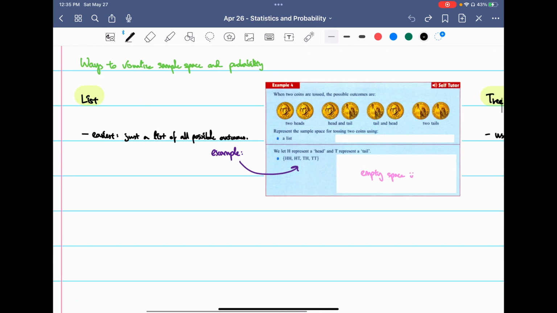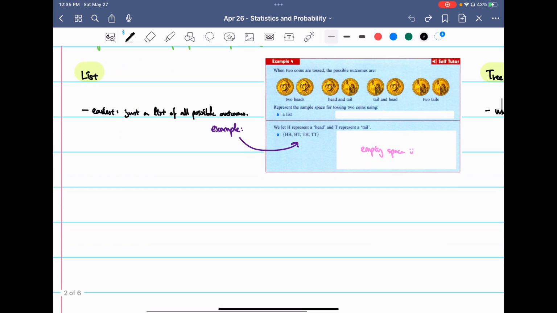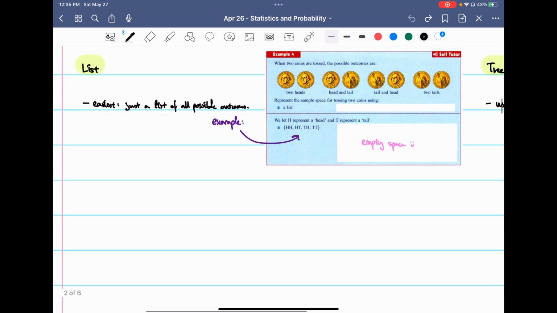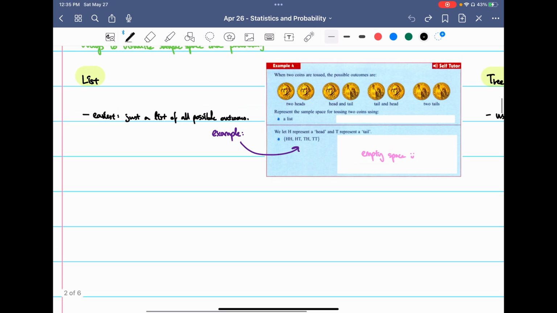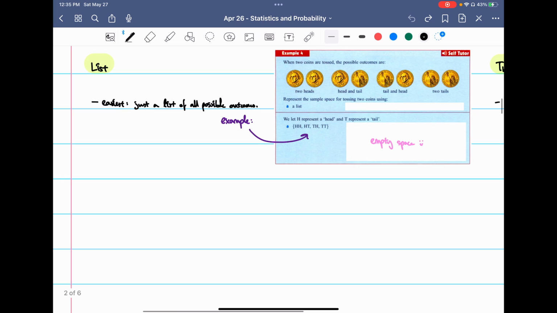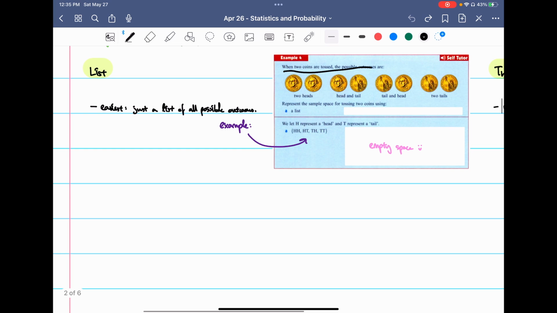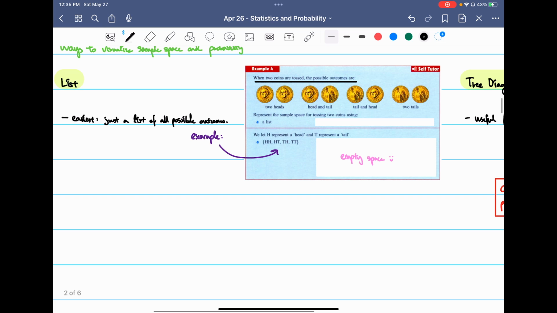Now, the first way to do it is a list, and this is the most common way of doing a probability question, which is listing out all the possible outcomes. So, for instance, as the question gives, when two coins are tossed, the possible outcomes are two heads, heads and tail, tail and head, and two tails.